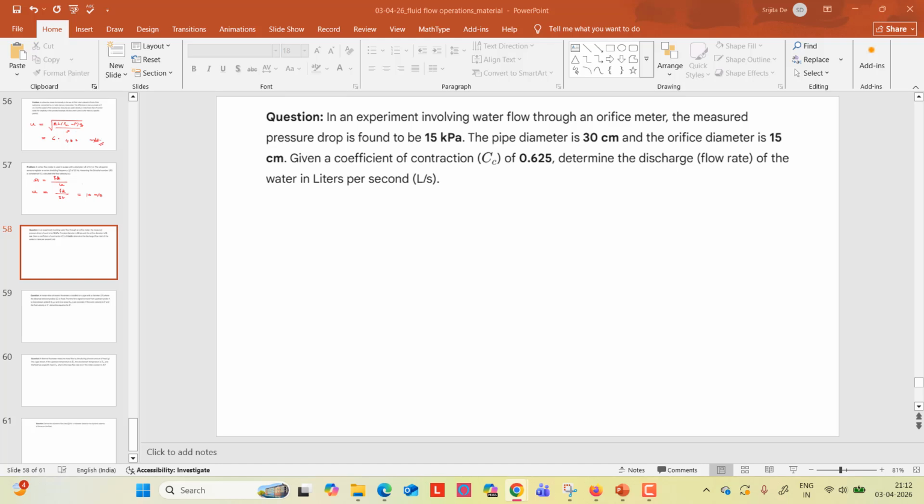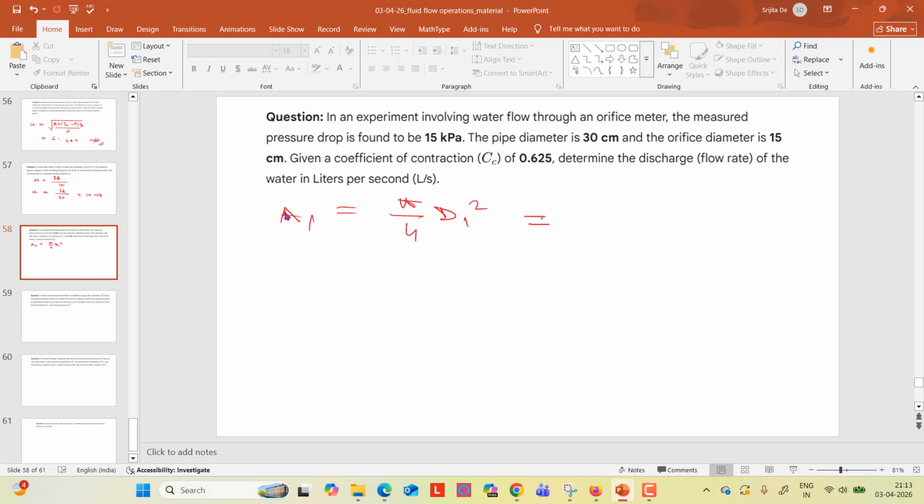Next. So, in an experiment involving water flow through an orifice meter, the measured pressure drop is found to be 15 kilopascal. The pipe diameter is 30 centimeter and the orifice meter diameter is 15 centimeter. Given the coefficient of contraction is 0.625, determine the discharge flow rate of the water. So first we can calculate the area because diameters are given, right? So A1 is pi by 4 D1 square.